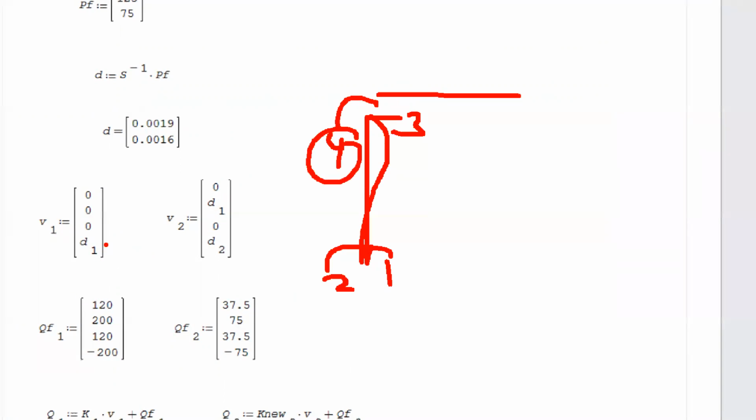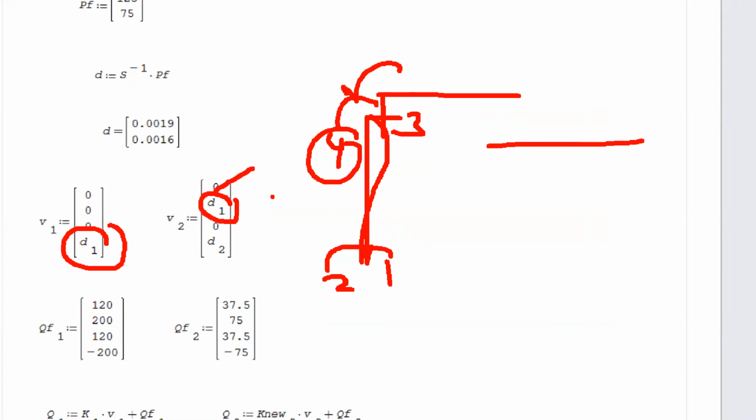So that is D1. And for here, we don't have vertical displacements, so that is 0. And we only have rotation, so that's D1. And no vertical displacement, 0, and only rotation here, that will be D2.